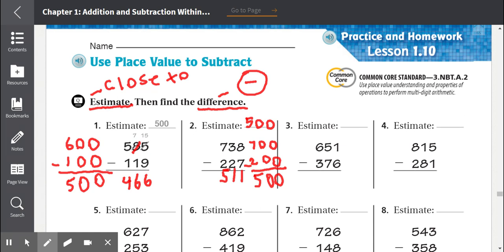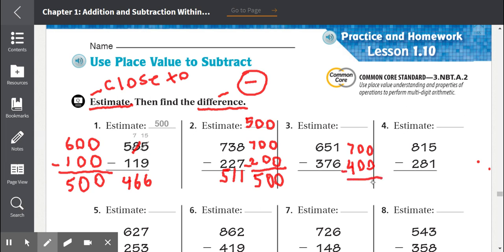Number 3, 651 minus 376. First thing we do is estimate. So let's begin by rounding the numbers. So let's round these two to the hundreds place. So 650 is between 600 and 700, but it is closer to 700. 376 is between 300 and 400, but it is closer to 400.